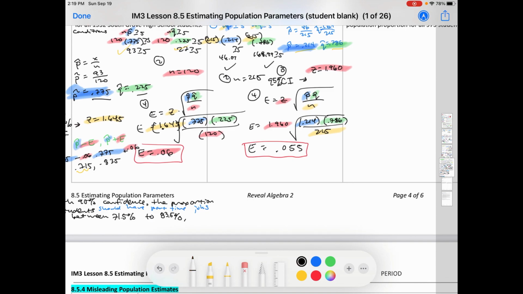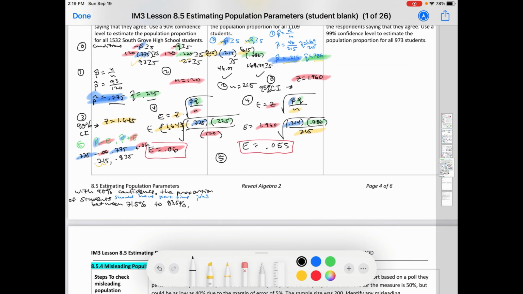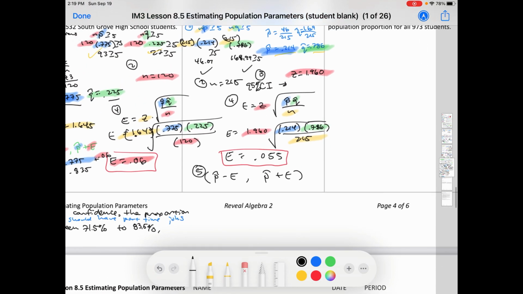Okay, now we just need to do step, what do we call it? 5. So this would be P hat minus E, P hat plus E. And this would give you, P hat was in blue up here, 0.214. And our E, here.